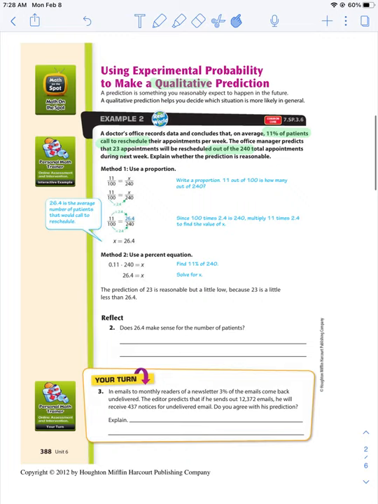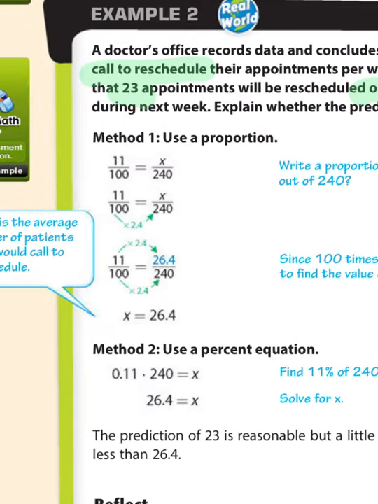Method 1 is to use the proportion. So we set up 11 over 100 equals x over 240. 11 over 100 is 11%. Remember, percents are fractions over 100. So then we cross multiply. So we have 11 times 240 equals 100 times x. 11 times 240 is 2,640.